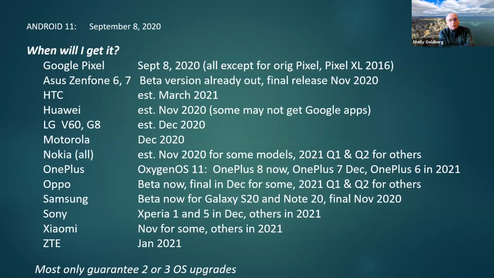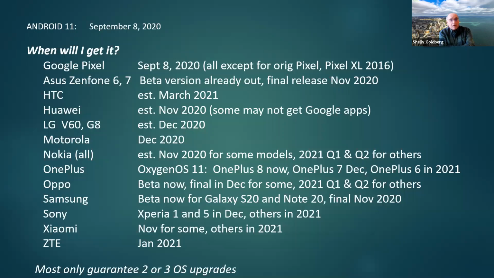If you have other Android phones, the Asus beta version is already out for that. They will be releasing a final release expected sometime this month. HTC, they're usually a little bit behind, so they're expected sometime in March.